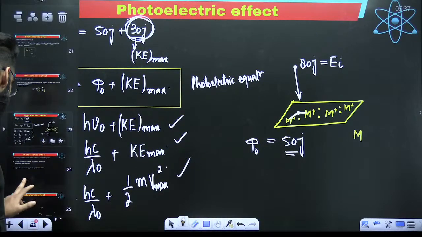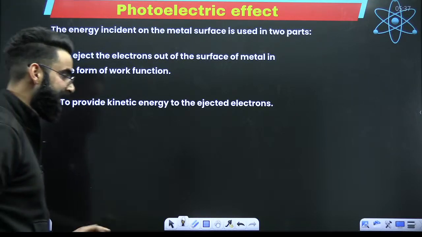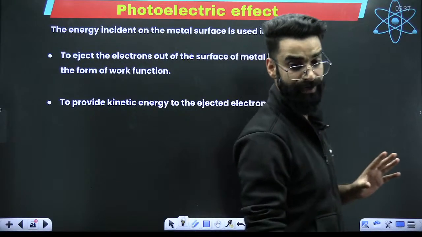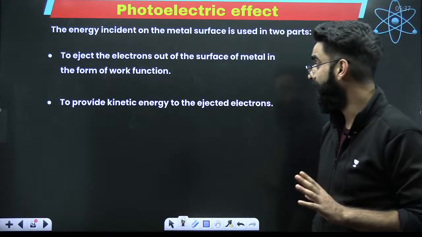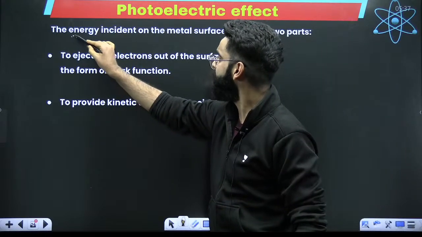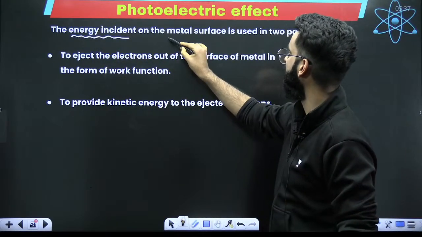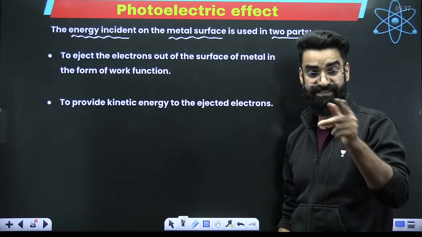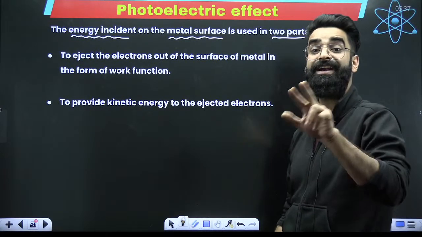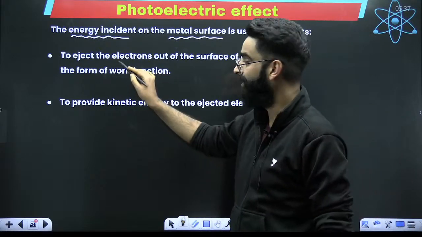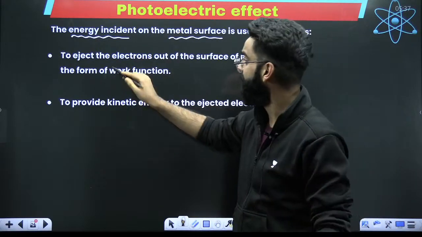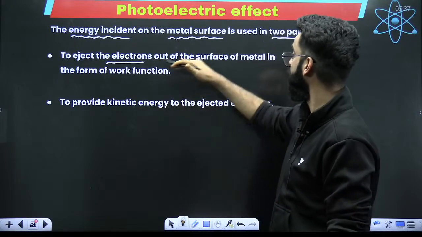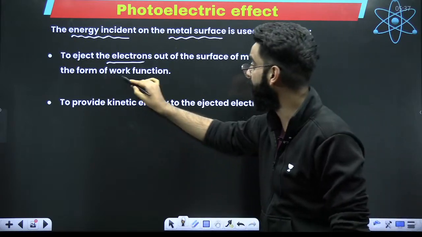So in a nutshell, if I need to summarize it, how would I summarize it? The energy which is incident on the metal surface is divided into two parts. Number one, some part of the incident energy is used to eject the electrons out of the surface of the metal in the form of work function.